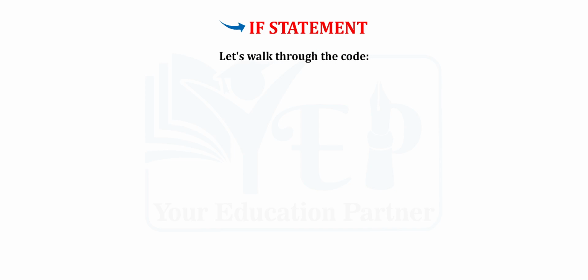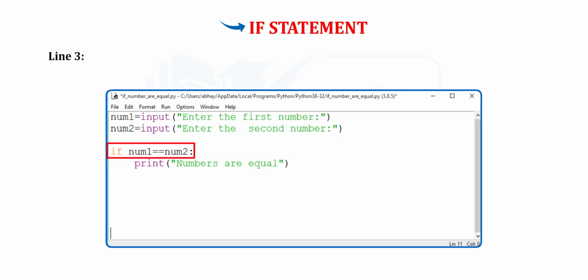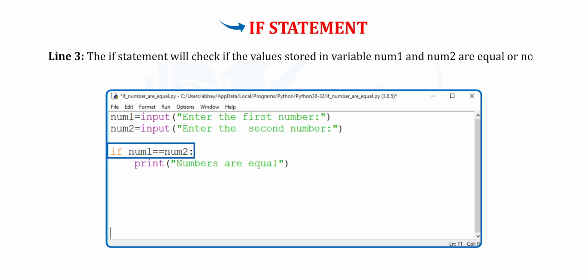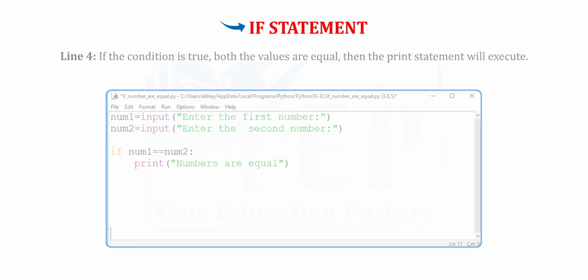Let's walk through the code. Line 1, Line 2, use the input function to enter two numbers. Line 3, the if statement will check if the values stored in variables num1 and num2 are equal or not. Line 4, if the condition is true, both the values are equal, then the print statement will execute.